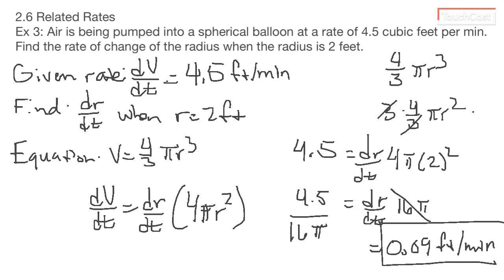So let's look at another example of how this related rates stuff works. In example 4, we're going to look at an airplane.